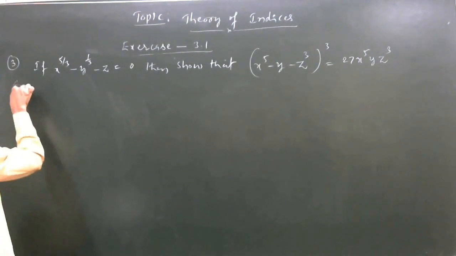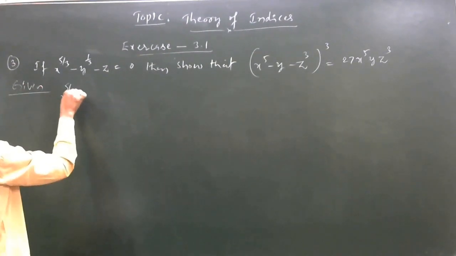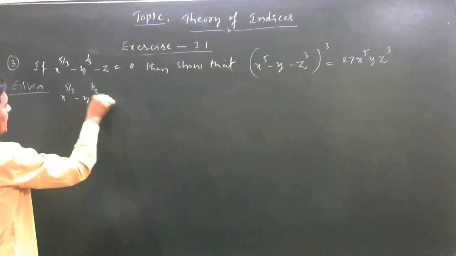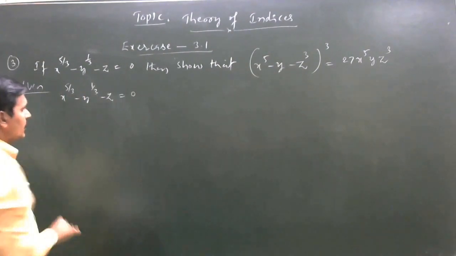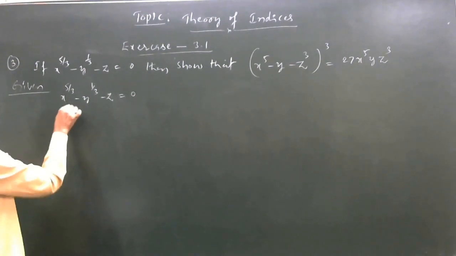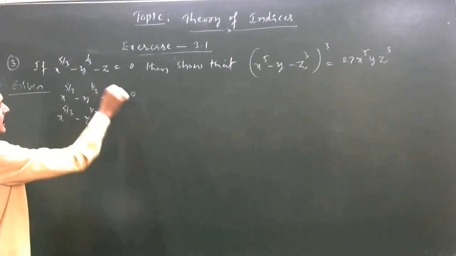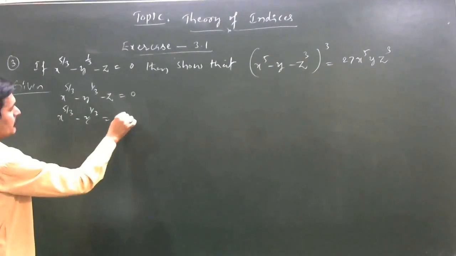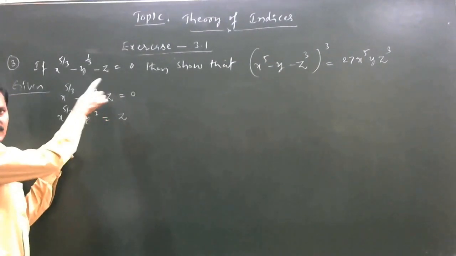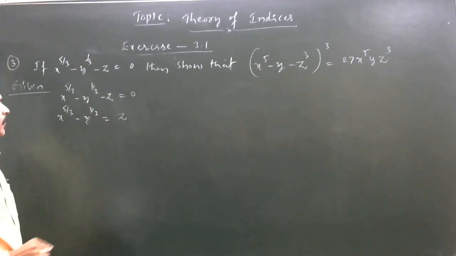First, x power 5 by 3 minus y power 1 by 3 minus z equal to 0. Here minus z is taken to the right side, and this becomes plus z.